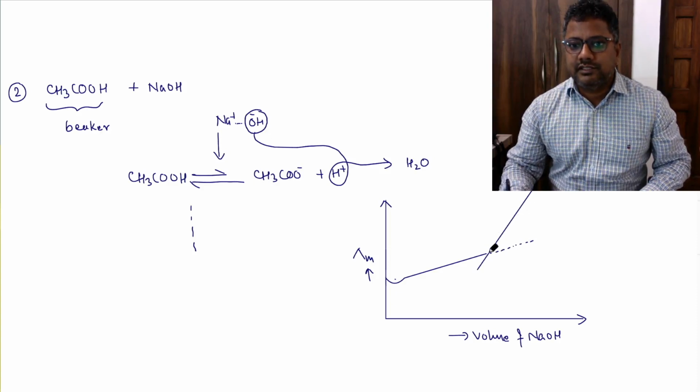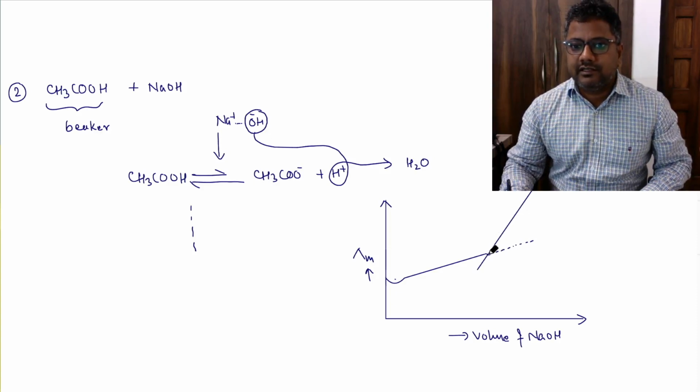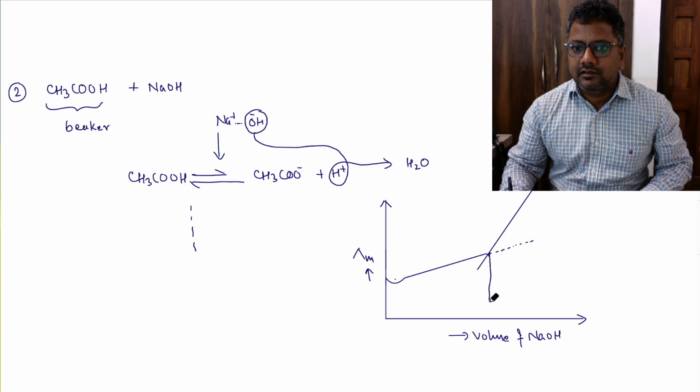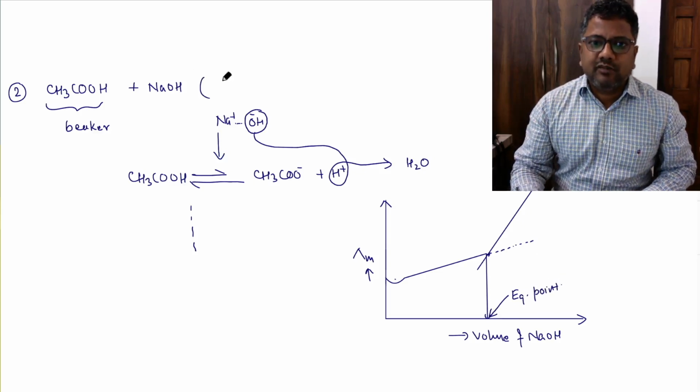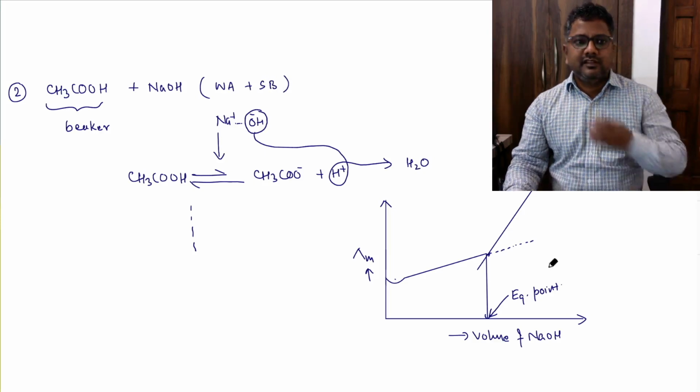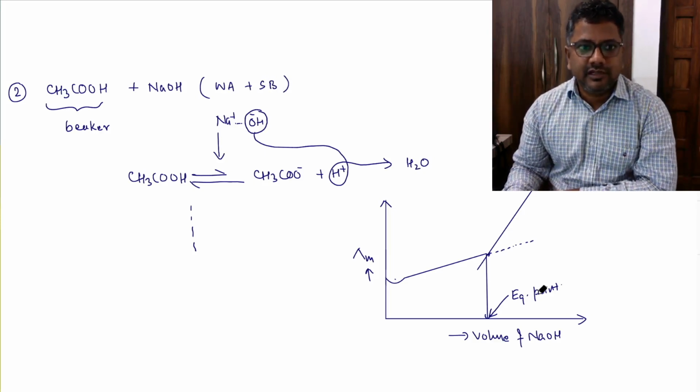So this type of plot you will get, and this is the equivalence point. Right. So this type of plot you will get for weak acid and strong base. Right. Clear?